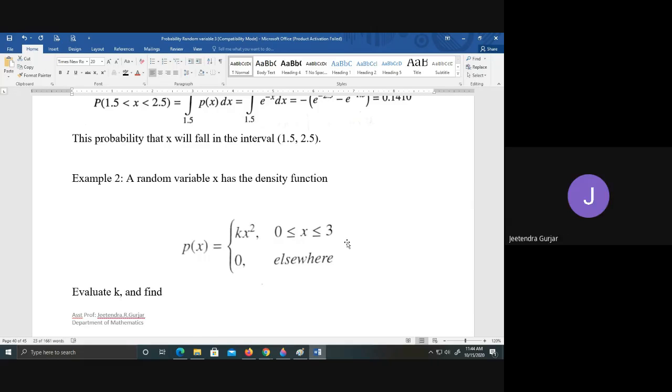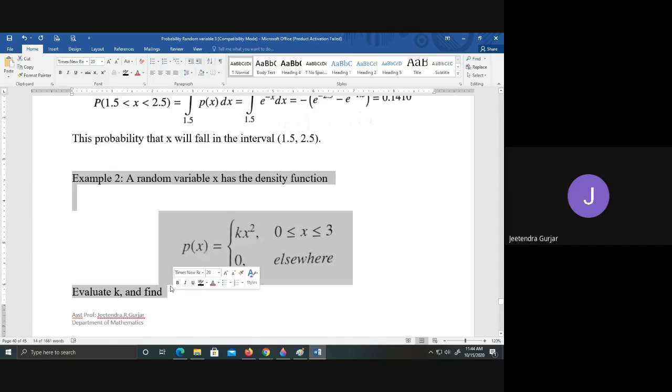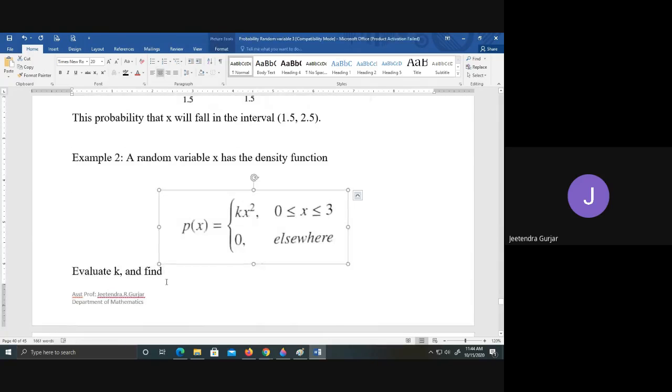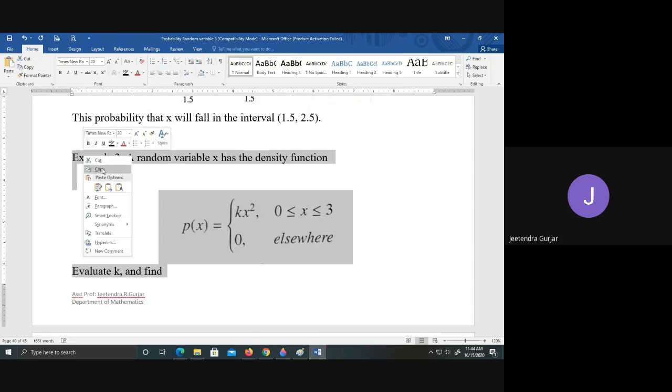I am going to simplify this with you, but you have to tell me the answer before I solve, because I am going to explain. So before I solve, you have to give me the answer. First you have to write this question down.